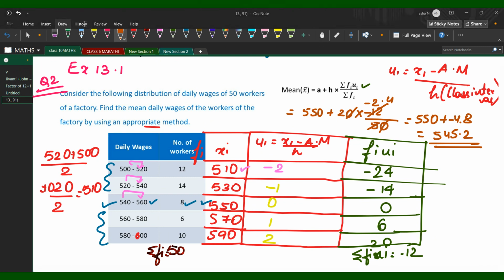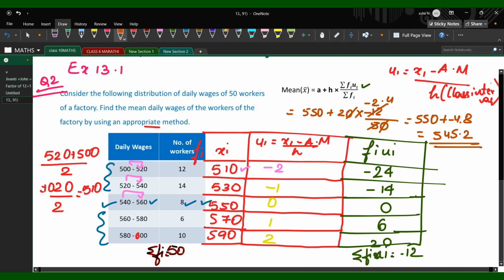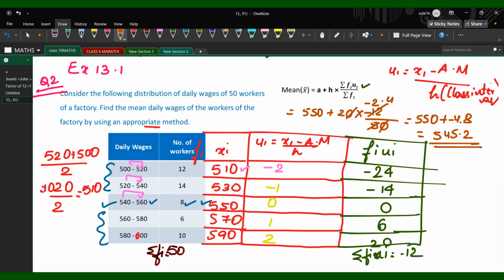Shall we give a try for this one in your book? Any doubt, do let me know. This is which method? The appropriate method. Because they have specifically given in the question which method we have to use. Otherwise, the answer will change.